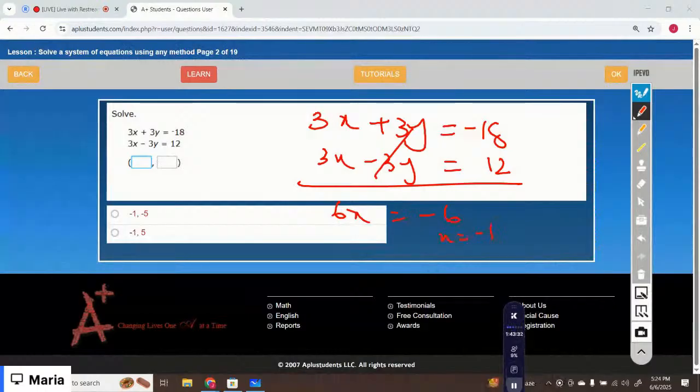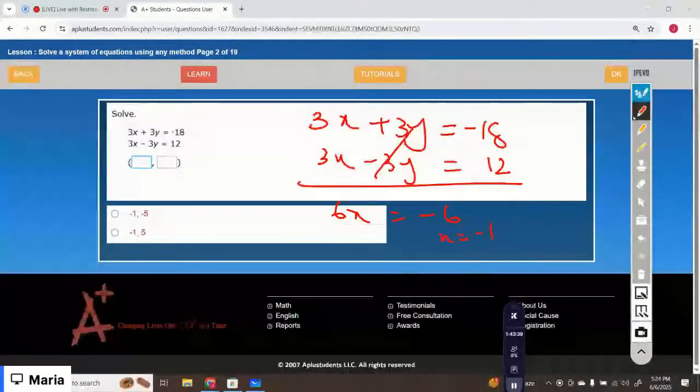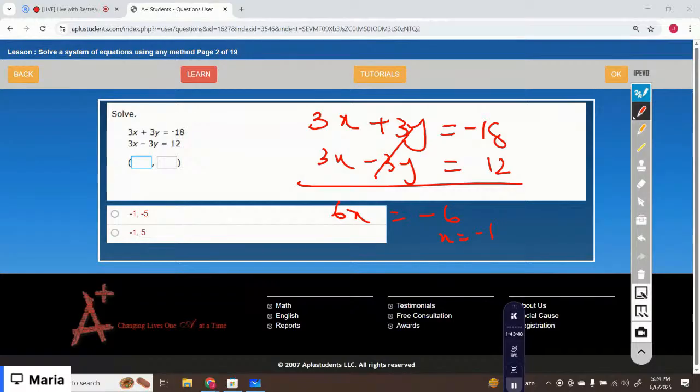So substitute the value x equals negative 1 in any of the equations. So just use x equals negative 1 and calculate the value of the variable y.